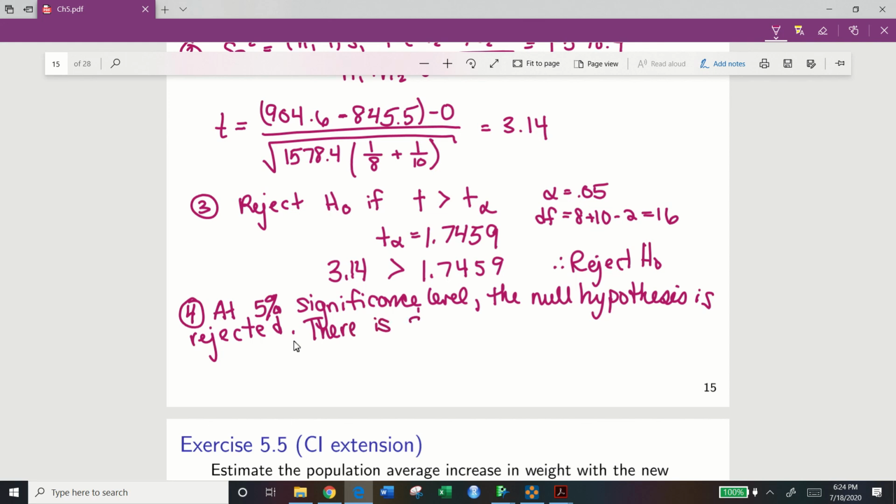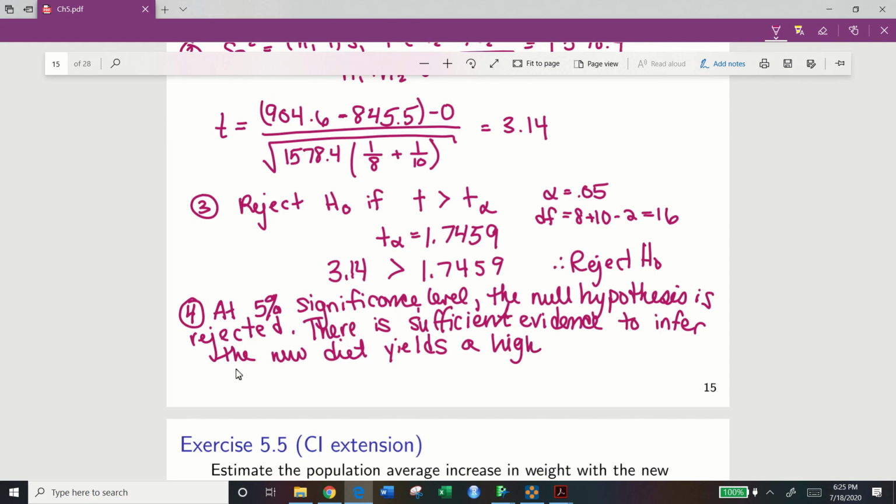There is sufficient evidence to infer the new diet yields a higher population average weight.